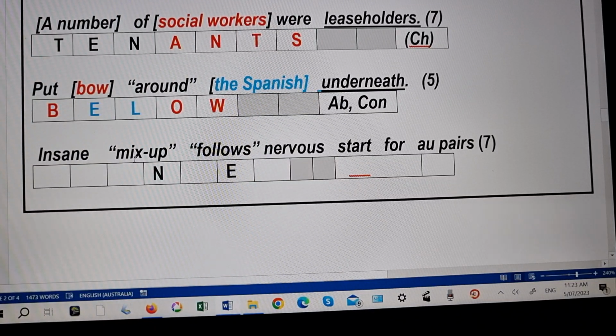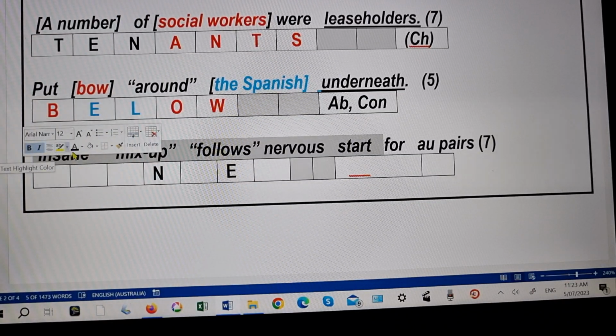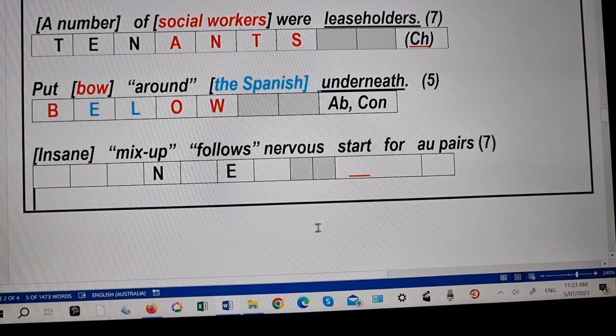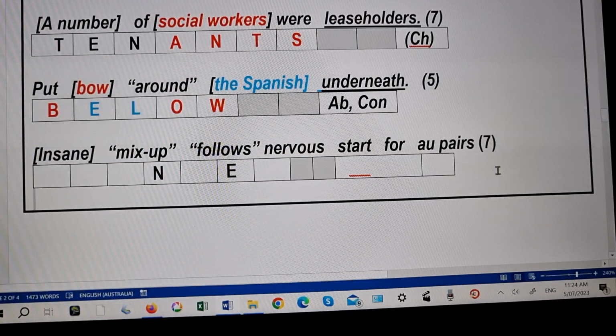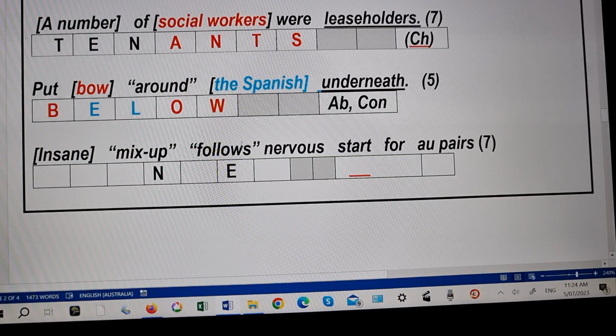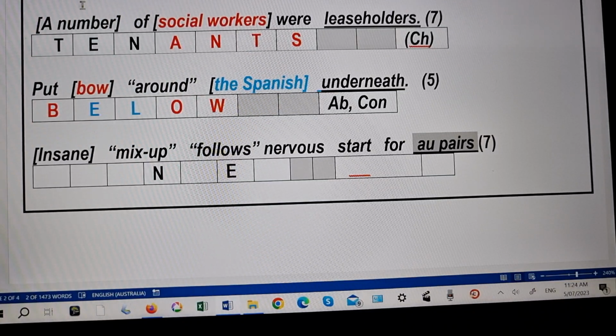So I think that insane and nervous start are your two fodders. So I'll mark that as two fodders. Anyway, that means au pairs will be your key, I would say. Au pairs are your key.